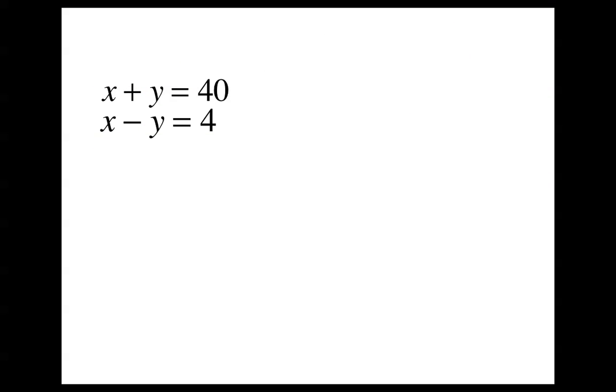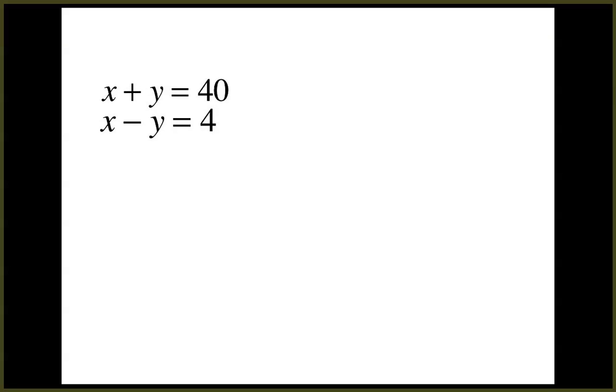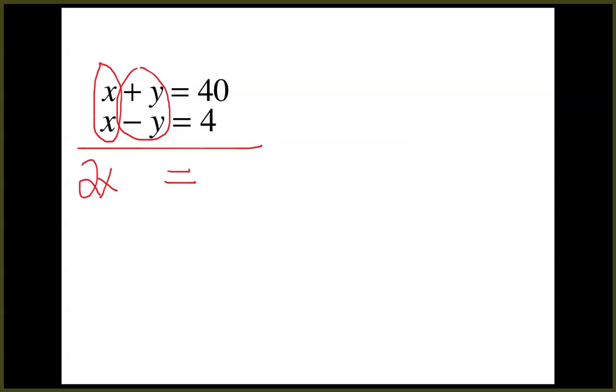Once you do that, you're going to see how quick and easy the elimination method can be. So watch. We're just going to take each column and we're going to add. So I'm going to do x plus x. I'm going to do y plus negative y. Oh, that's why they call this the elimination method, because what's positive y plus negative y? Nothing.